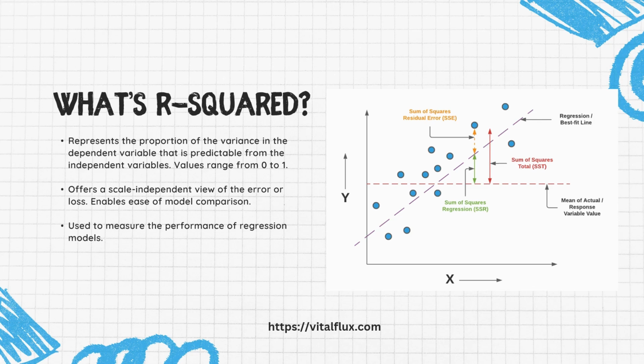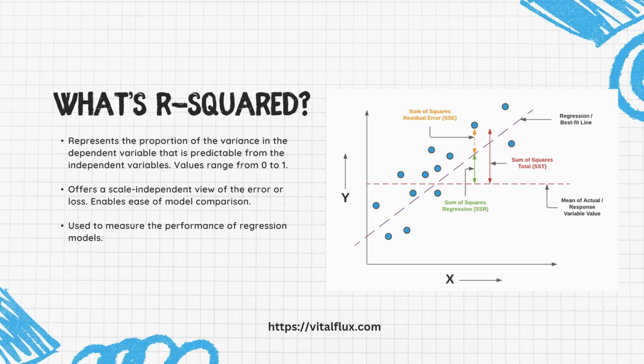And the difference between the point on the regression line and this mean line is called the sum of squared regression.